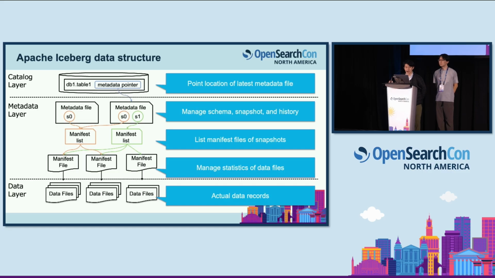Okay, so these are the Iceberg data structures, and how an Apache Iceberg table is constructed. This is a summary of each layer. The first layer is the catalog layer, and the catalog points to the location of the latest metadata file. If you update the Iceberg table, Iceberg also updates the pointer to the table metadata file located in the catalog.